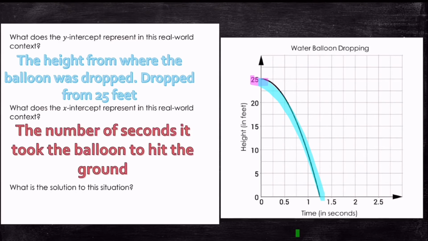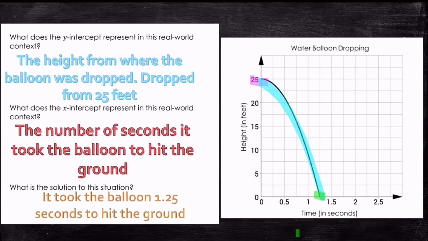And it tells me how long it took. So the solution to this situation, remember the solution is your x-intercept. What that means is it took the balloon 1.25 seconds to hit the ground. And I know it's seconds because I read my chart and my graph and it said time in seconds. Okay?